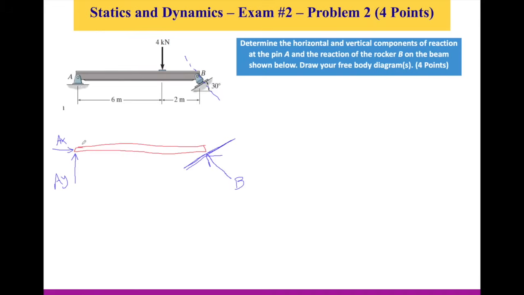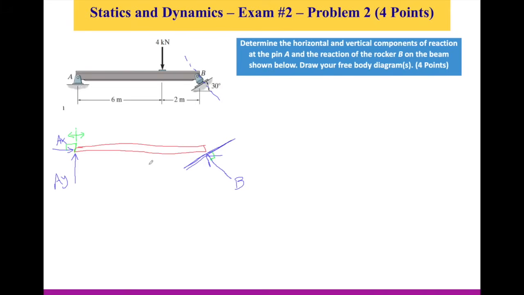The pin is preventing movement from here to there, right? And that's why I have my AX perpendicular to that axis. Same thing should happen here. I should have a surface that's preventing the translation in that direction. So I will place my force B perpendicular to this surface. That's what I need. Now, how many unknowns do I have?